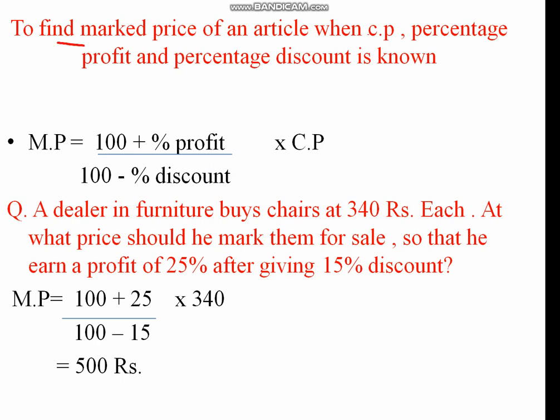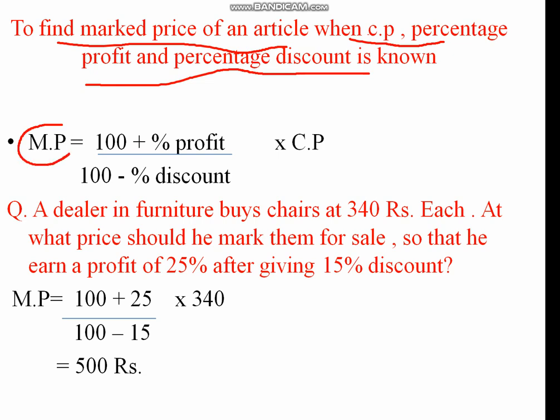To find the mark price of an article when CP, percentage profit and percentage discount are known. We know on anything there is a mark price. So to find the mark price when CP, percentage profit and percentage discount are known, see this formula.